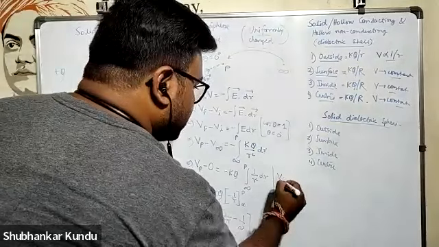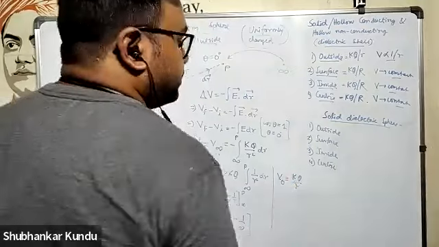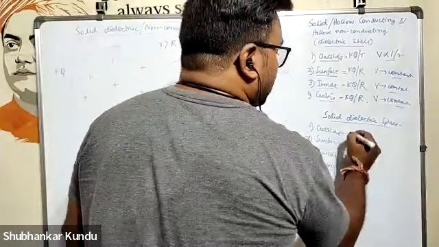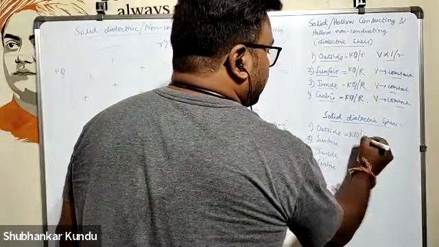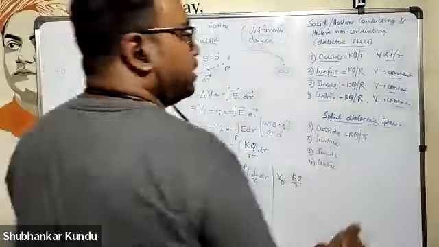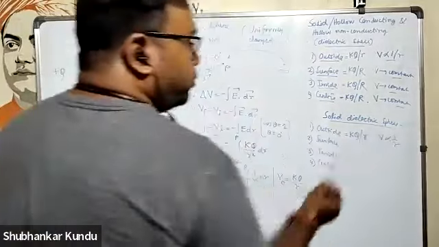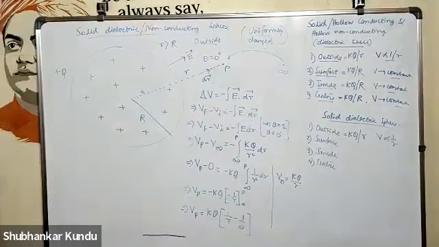So V outside will be KQ upon R. KQ being constant, I can say outside, V is proportional to 1 by R.